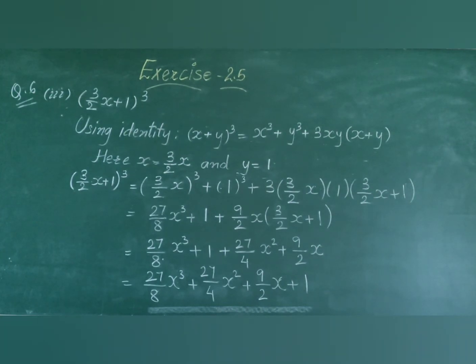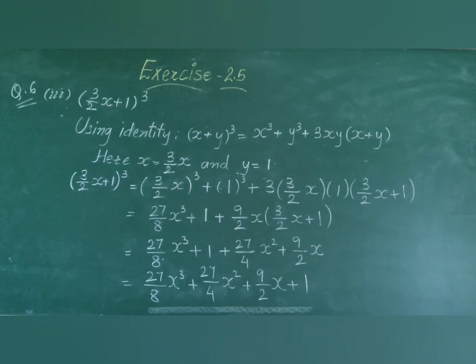Question number 3, that is (3/2x + 1) whole cube. Again we use identity number 6, that is (x + y) whole cube = x cube + y cube + 3xy(x + y). Now we compare the values of the question with the identity, so we can see that the value of x is 3/2x and the value of y is 1.